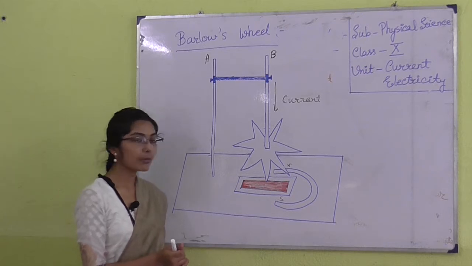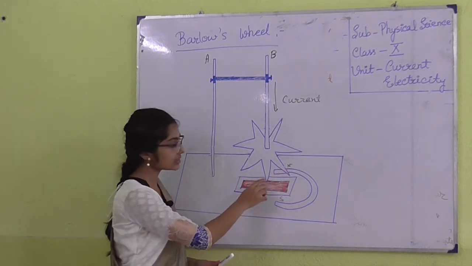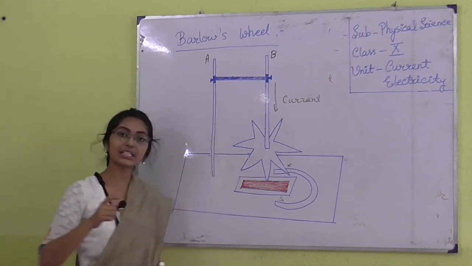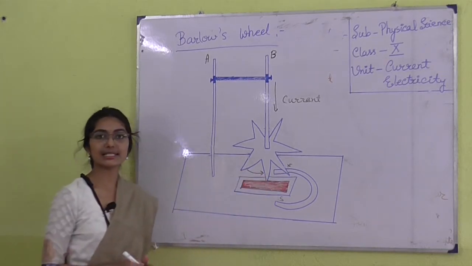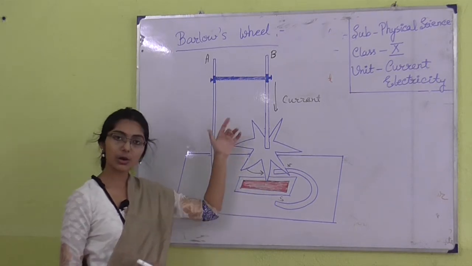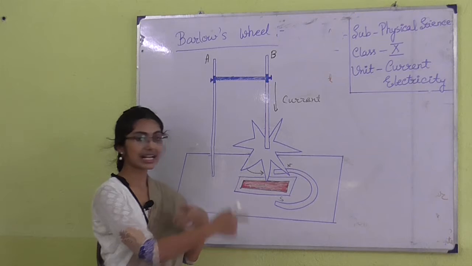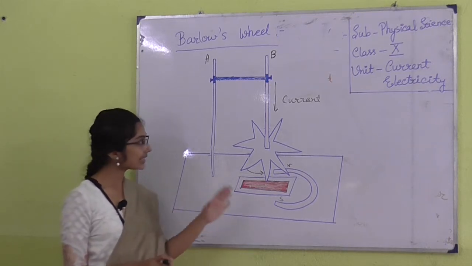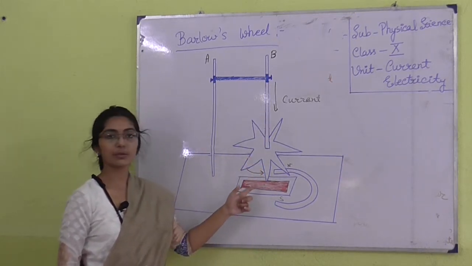Due to this movement, the wheel will go to this side, this tooth will go to this side, and due to inertia of motion, another tooth will come to this place and touch the mercury level. So current is also passed. When the tooth is going away, the circuit is broken, and there is no electricity passing through the conductor to the mercury.